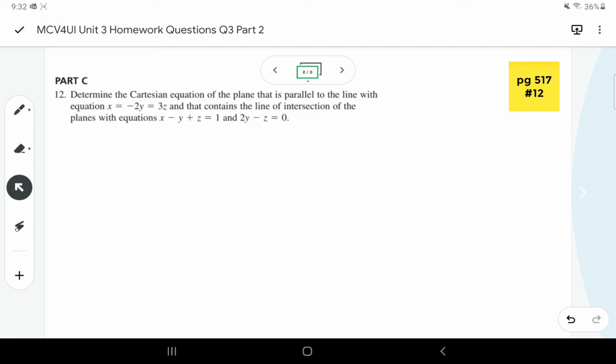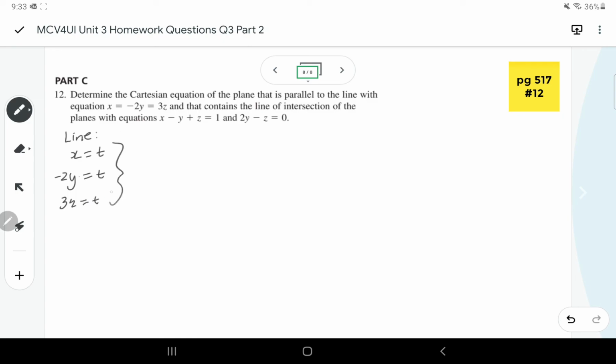If we have something parallel to this line, we want to get this line into a form that we can more easily identify the direction vector. It doesn't even look like symmetric equations as much because we don't have fractions, but it's actually much more simplified. So for this line, we could say that x equals t, -2y equals t, and 3z equals t.